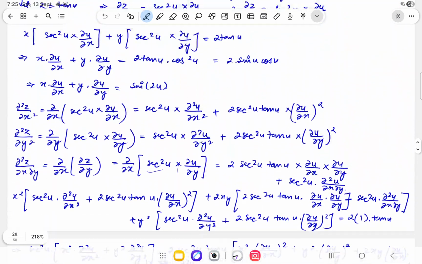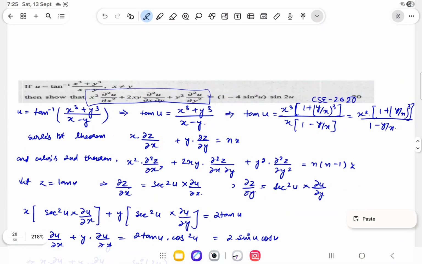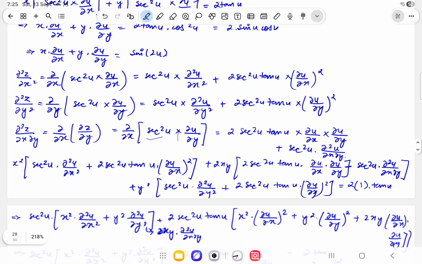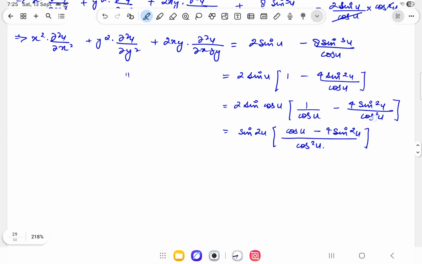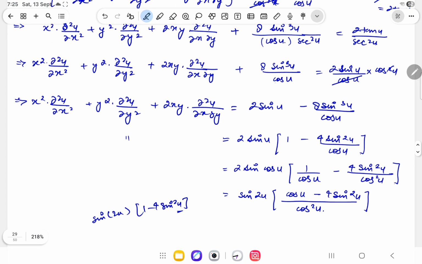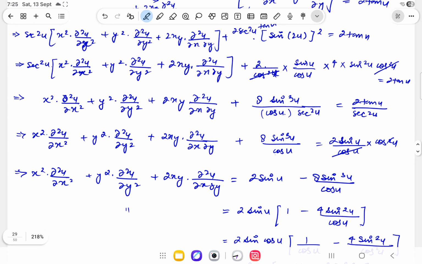But we are supposed to prove 1 minus 4 sine square u into sine 2u. This is what we are supposed to prove. So let's see, I guess we have missed a term somewhere.